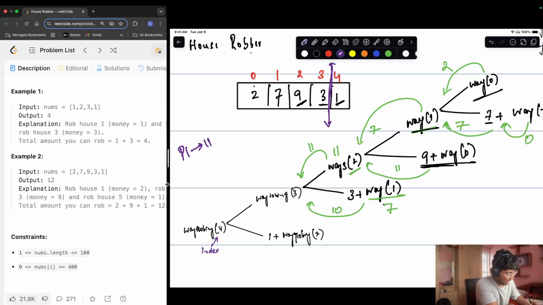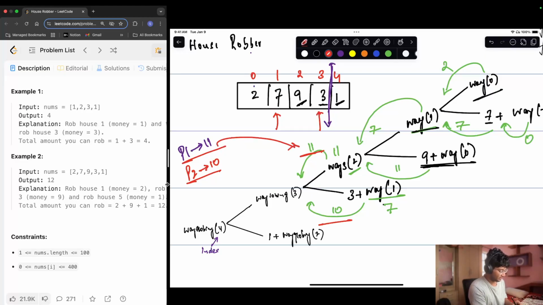Or I have a possibility of picking 7 and 3, which gives P2 as 10, right? That is exactly what we've gotten from our recursive call as well. P1 is 11, P2 is 10, right? Perfect. So I'm going to pick the maximum one, which is 11. So this will have 11.